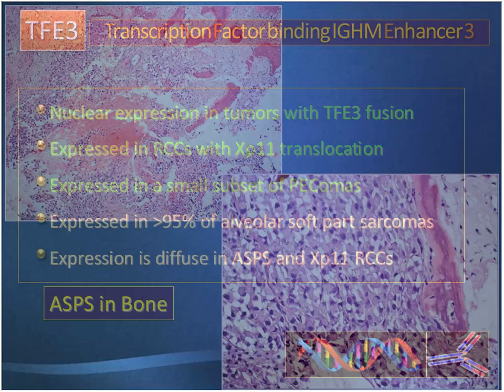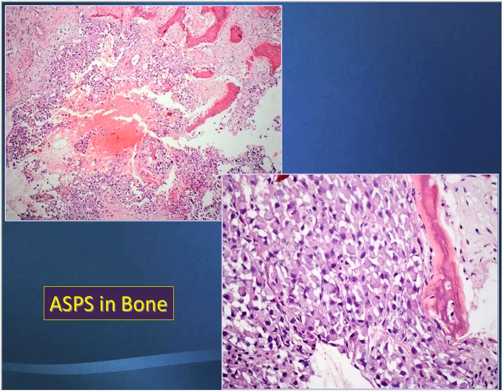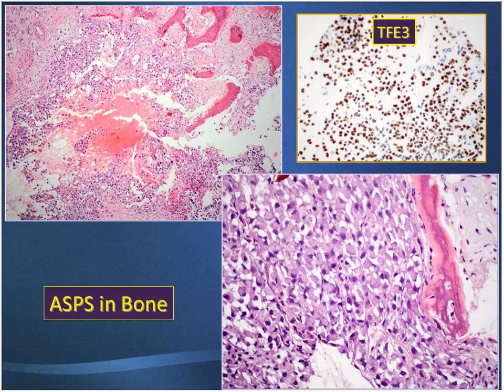Let me share with you two cases. One of them was actually a primary alveolar soft part sarcoma in bone, which is not a common finding. The staining for TFE3 supported that diagnosis among the whole host of other markers that we use to identify this.